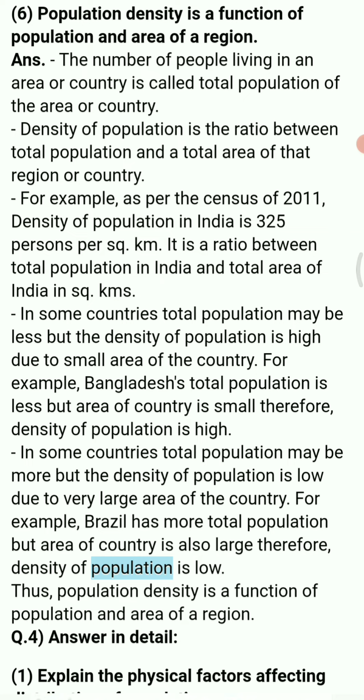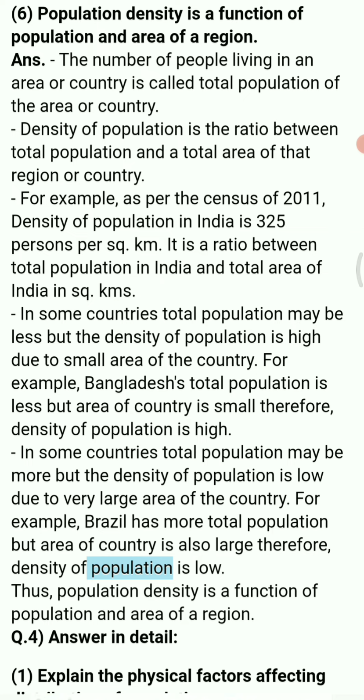You just have to take a ratio of it. For example, as per the census of 2011, density of population in India is 325 persons per square kilometer. It is the ratio between the total population of India and total area of India in square kilometers.